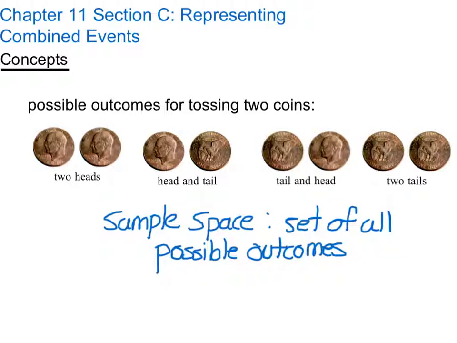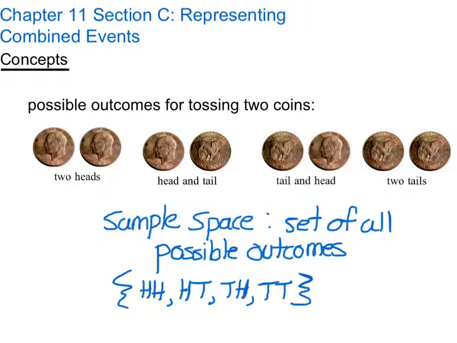Now, we can write the sample set using set notation, and we can use abbreviations for all the possible outcomes. For example, for two heads, we can write HH. For heads-tails, we can write HT, and then TH for tails-heads, and TT for tails-tails. And remember, we use the brackets for set notation.